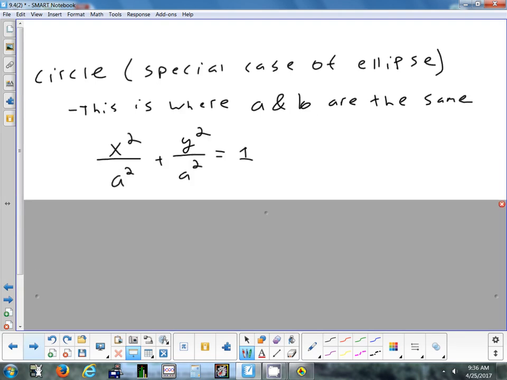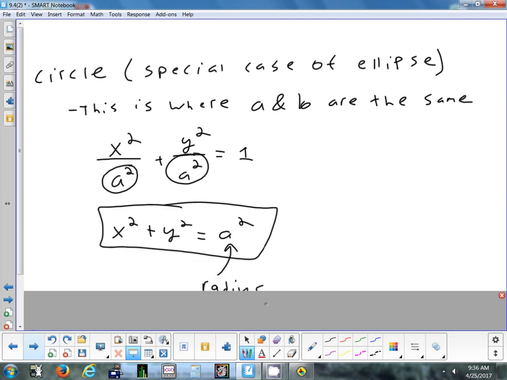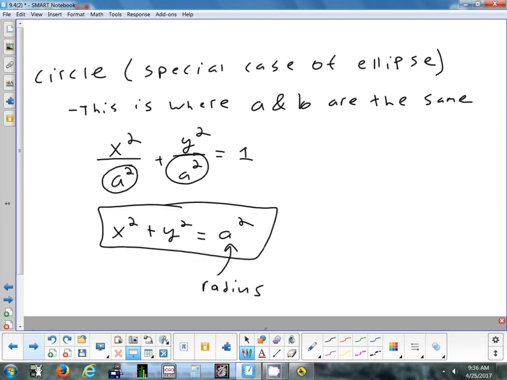So really quick, we're not going to spend much time on it, but a circle is basically a special case of an ellipse. Okay? A circle is basically where the two numbers in the bottom are the same. And that number in the bottom, if you multiplied everything by a squared and moved it to the other side, that's how they write the equation of a circle.